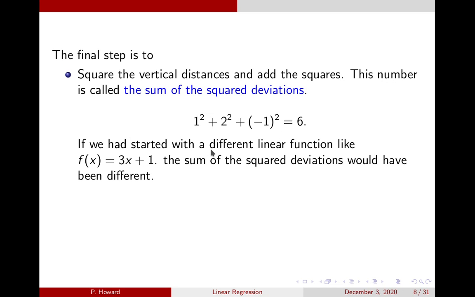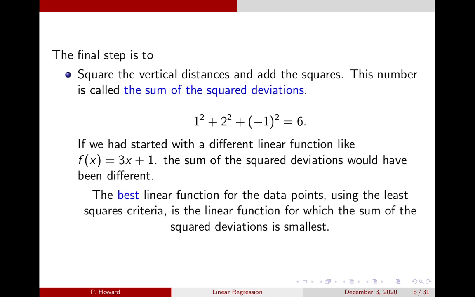And if we had started with a different linear function like 3x plus 1, the sum of the squared deviations probably would have been different. The best linear function for the data points using the least squares criteria is the linear function for which the sum of the squared deviations is smallest.